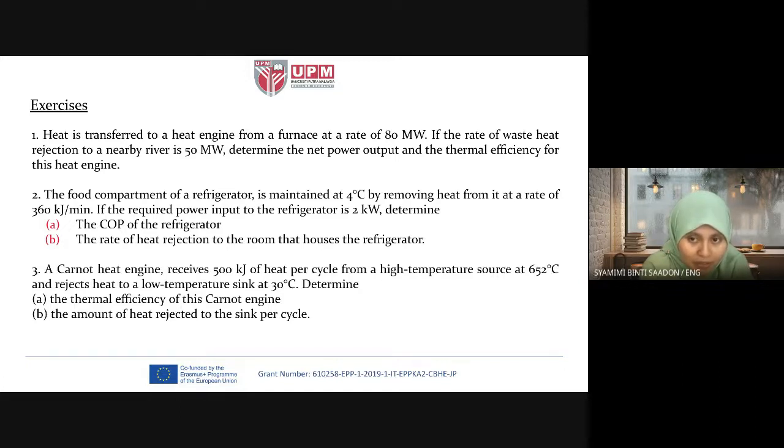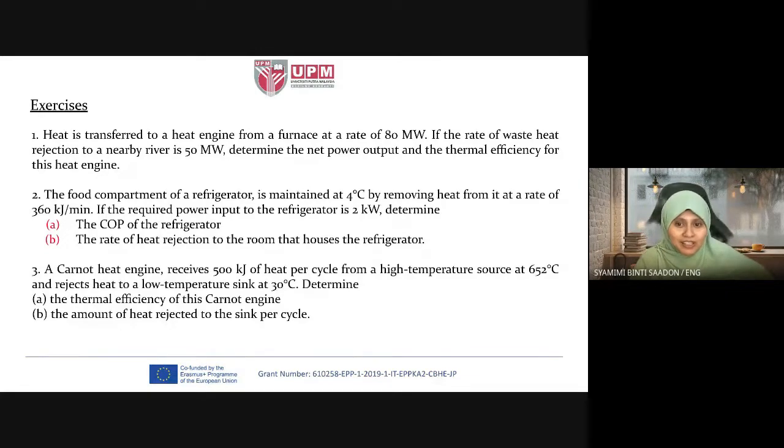Watt is actually joule per second, so 80 megajoule per second. If the rate of waste heat rejection to a nearby river is 50 megawatt, so the heat being rejected, Q out, is 50 megawatt, determine the net power output and the thermal efficiency for this heat engine.